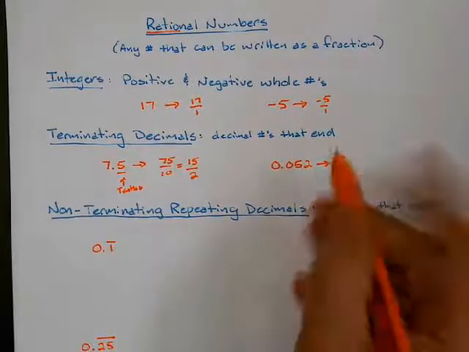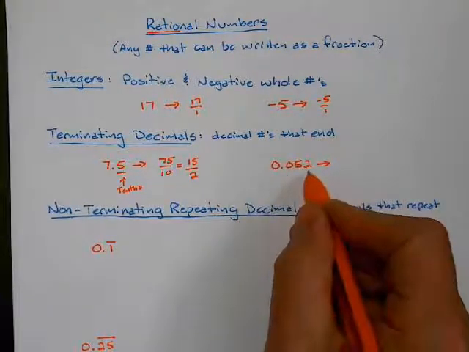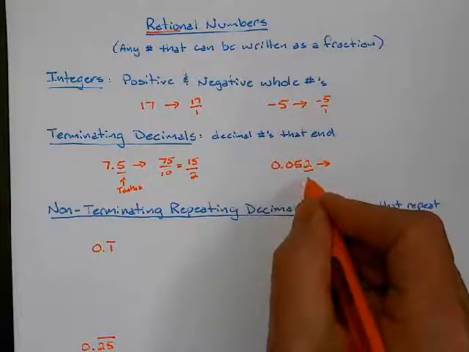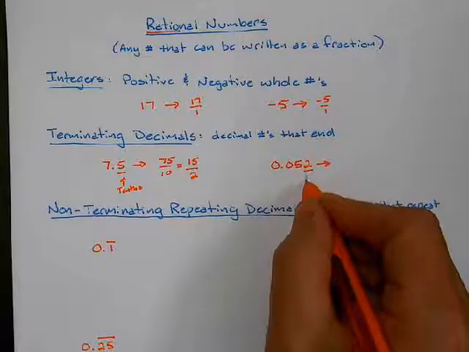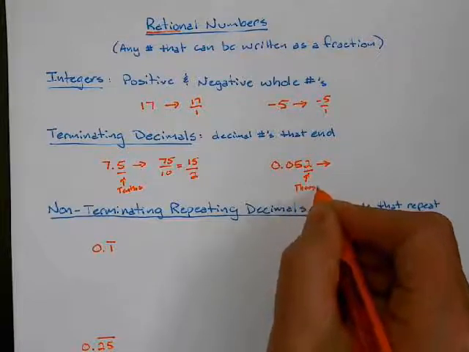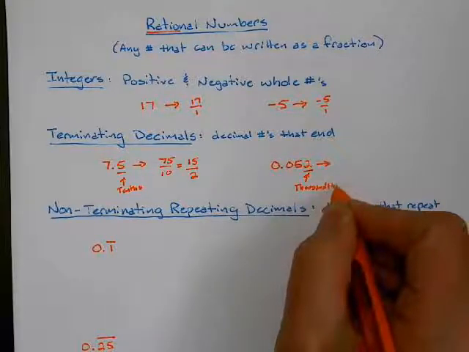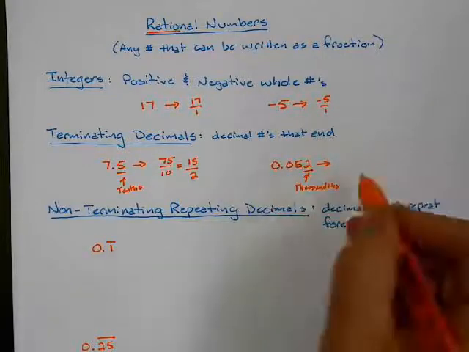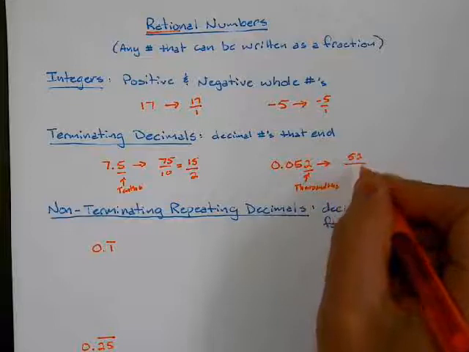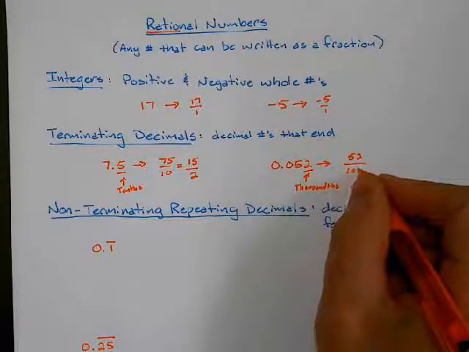And then over here, our terminating decimal terminates at the thousandths place. So to rewrite this one as a fraction, we'd put 52 over 1,000.